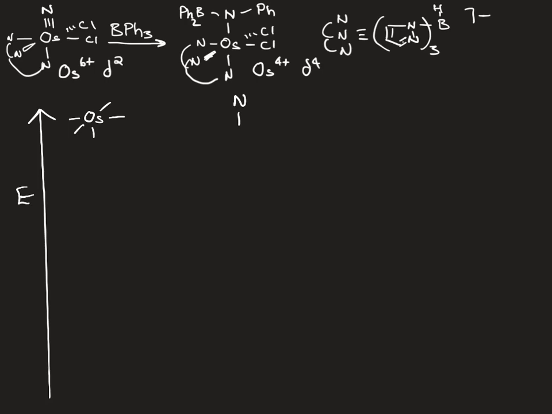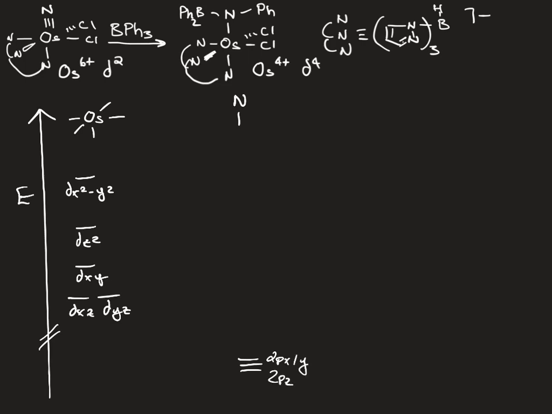So we're going to have our dx squared minus y squared, dz squared, dxy, dxz, dyz, and then the nitrogen 2p x and y and 2pz overlapping.